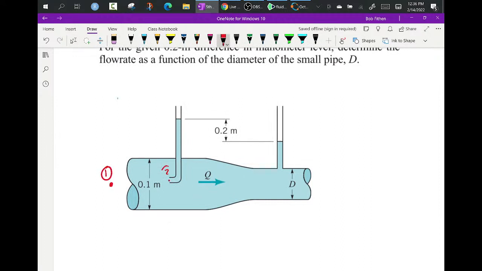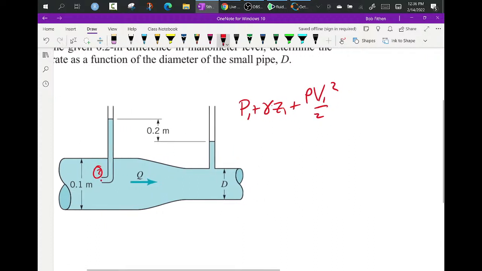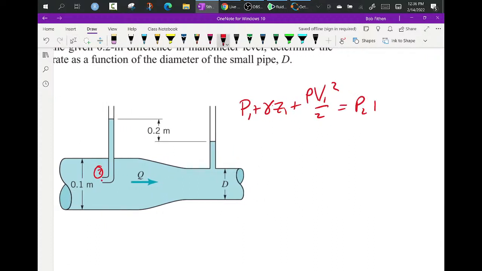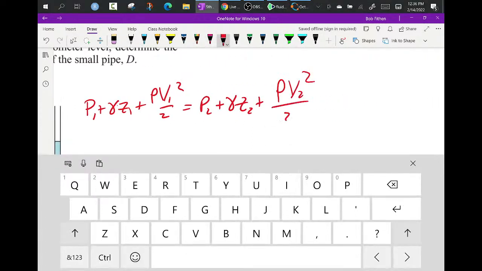It ends up at spot 2. Here's what you do: rho V1 squared over 2 is equal to P2 plus rho V2 squared over 2.